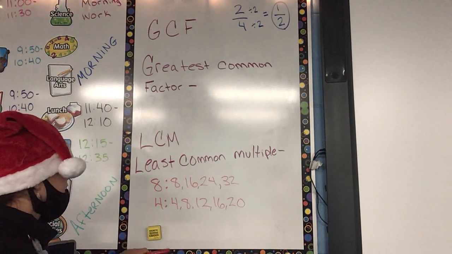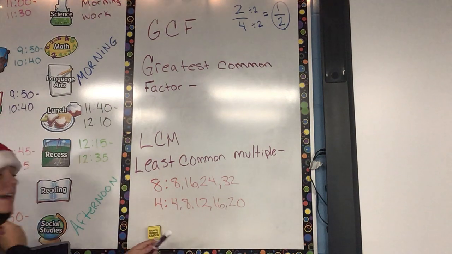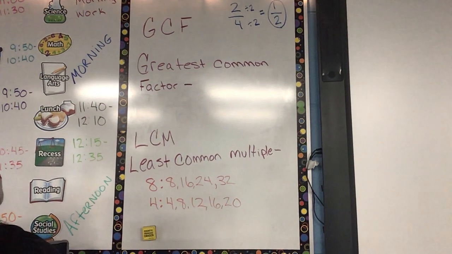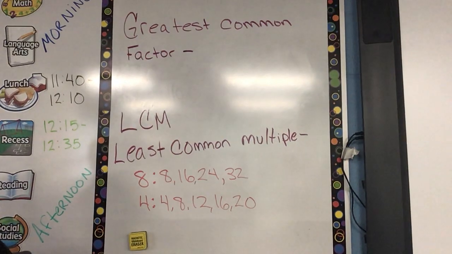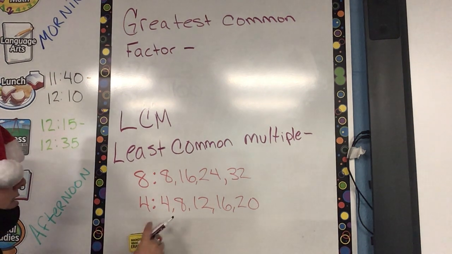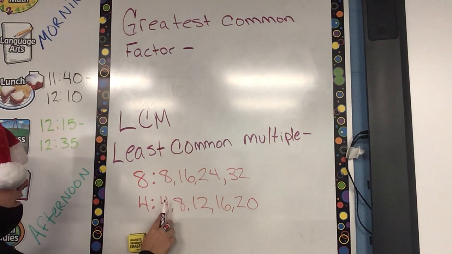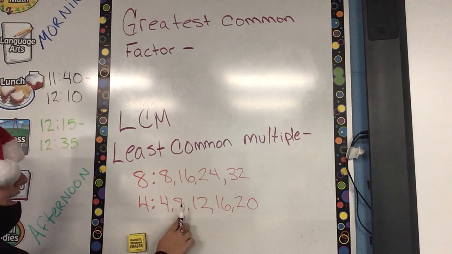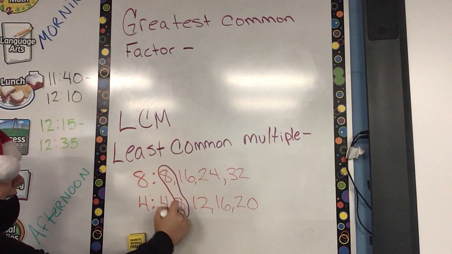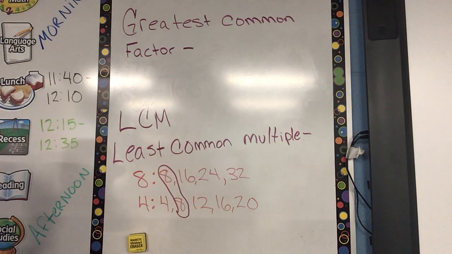All right, if I'm trying to find the LCM of 8 and 4, my least common multiple, the 8 and 4 share. Am I looking for my biggest number or my smallest? Smallest. So let's see, do they both have a 4? No. Do they both have an 8? Yes. My LCM for 8 and 4 would be 8.